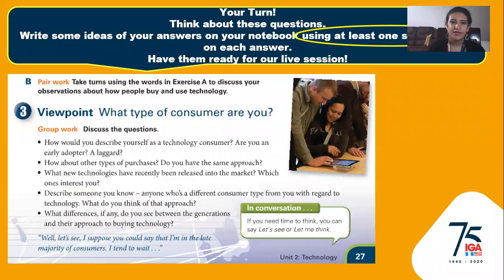Okay, as you can see here down below, you have 5 questions, 5 prompts. And what I want you to do is, actually I'm covering this. Okay, there you go. Now you can see and complete. I need you to think about these 5 questions. And I need you to write some ideas of your answers on your notebook.